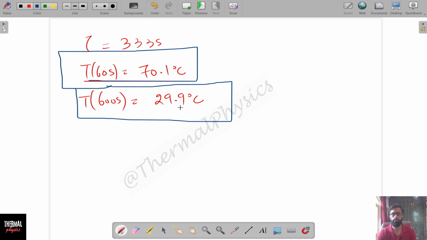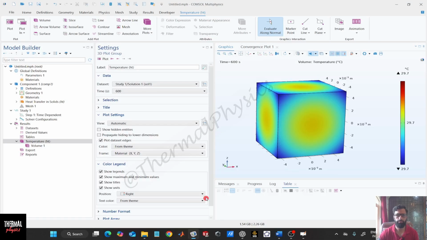But these softwares by default consider much more, up to like 60 decimal places. So the results will be a little different. These are called rounding errors. So practically we have the same values, 70.1 and 29.7.